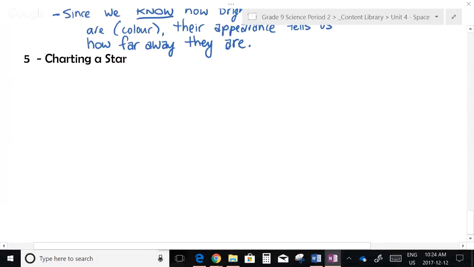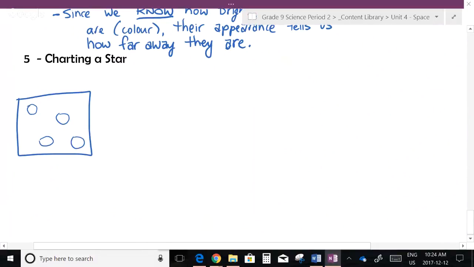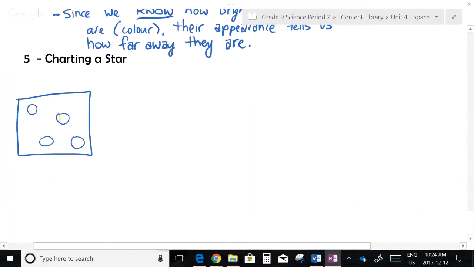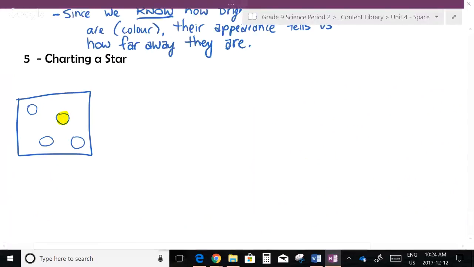So, all of which is to say this. Again, you're going to do an actual activity based on this tomorrow. When we actually chart a star, the first thing we do is we take this kind of out of focus picture, right? And we look at the color of the star.